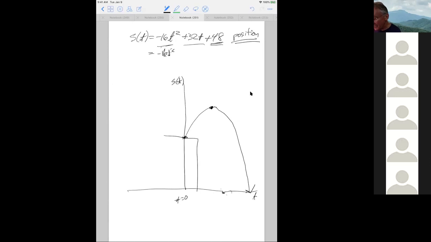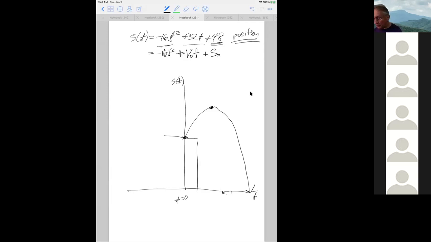I'll give you this on formula sheets that we're dealing with, plus the initial velocity, however fast it's going when it leaves the hand or whatever is propelling it. And this is how high it is when it starts off the ground, all right? So the idea is, this is how high it is above the ground, S of t, at any time t.